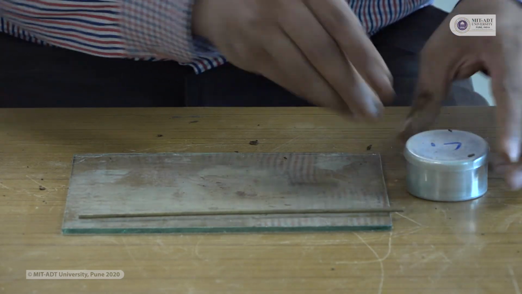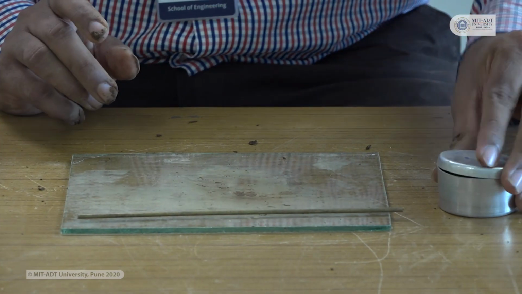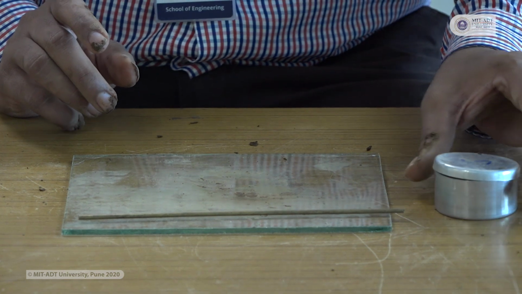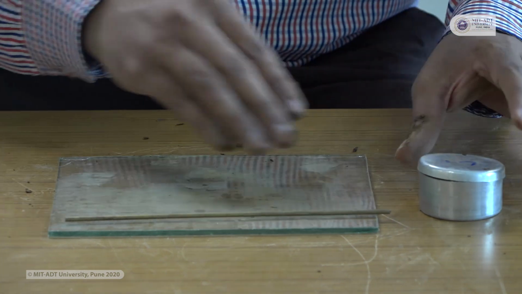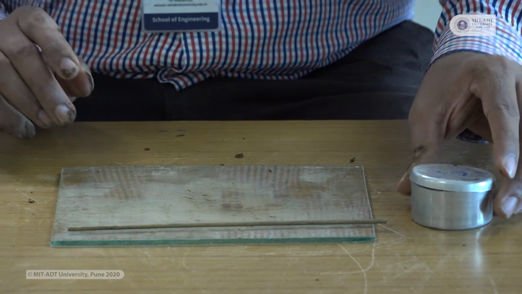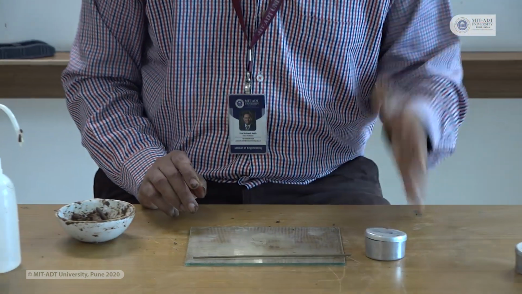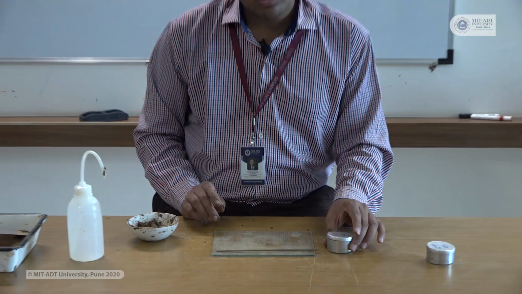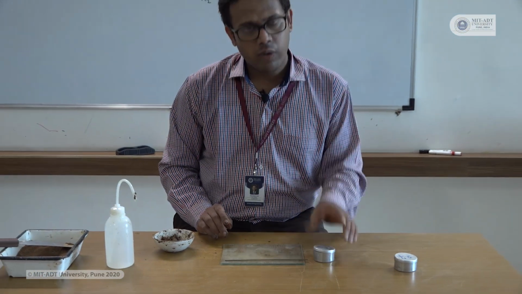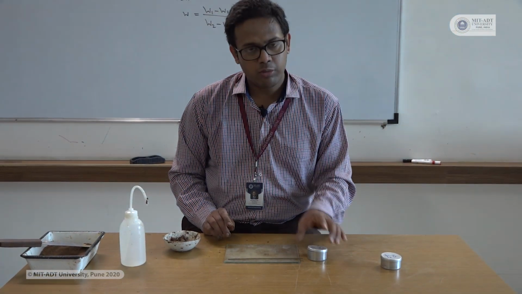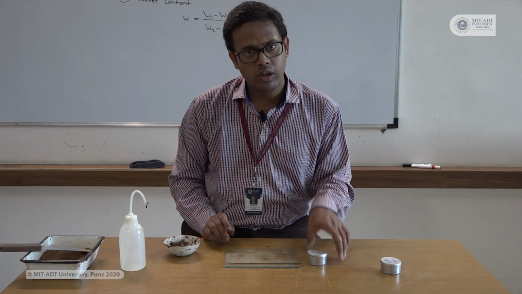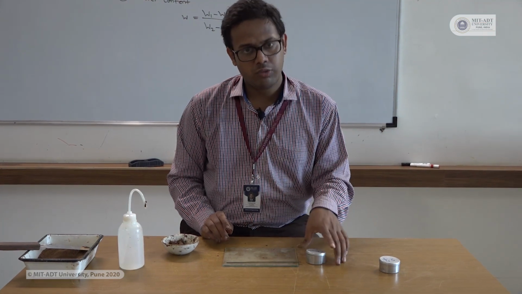So W0 is the empty weight of the container, and W1 is the weight of the container along with the wet soil. After that, we keep this container in an oven for 24 hours, and then we get the oven dry soil along with the container. The weight at that time is marked as W2. So we get W0, W1 and W2 readings after 24 hours.